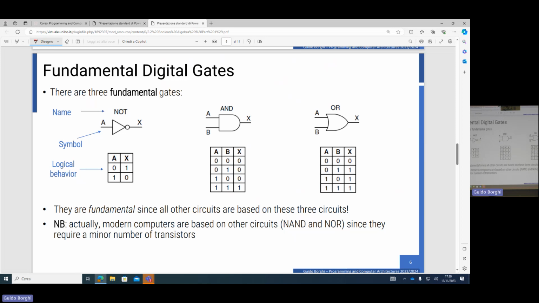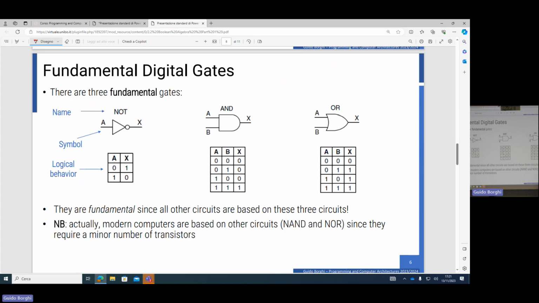And okay, of course, there is also the evolution, okay? The latest evolution in computer development has introduced some changes: modern computers are not based on AND and OR gates, but on an equivalent form.